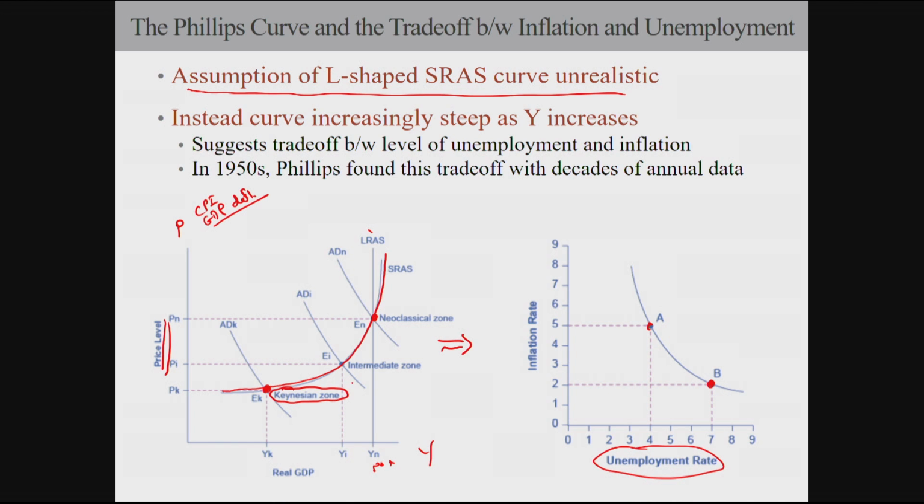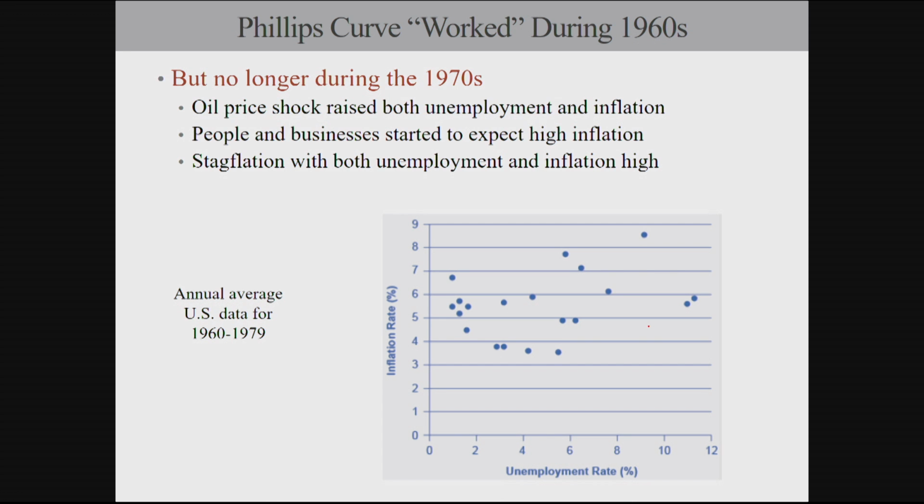So if we're over here in the Keynesian zone and unemployment is relatively high, pressure on the price level is pretty low. Whereas if we're up here in the neoclassical zone, then pressure on the price level is going to be much higher. And this idea was famously put into practice as what economists referred to as the Phillips curve.